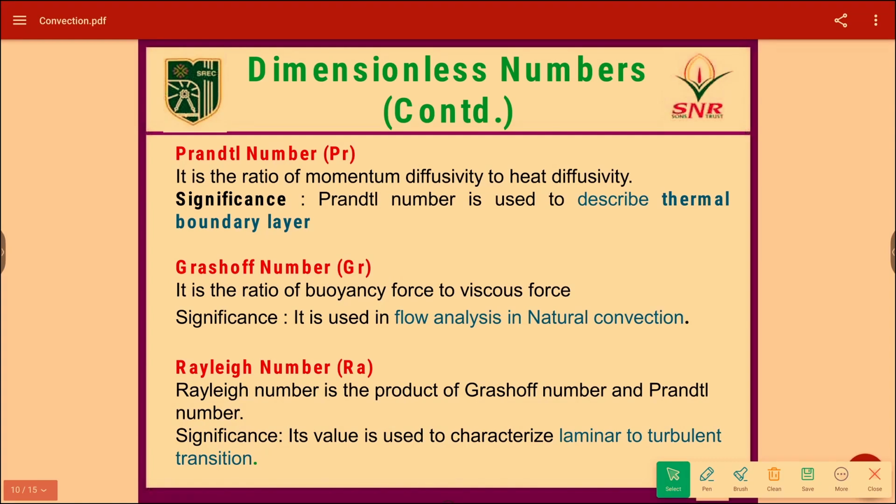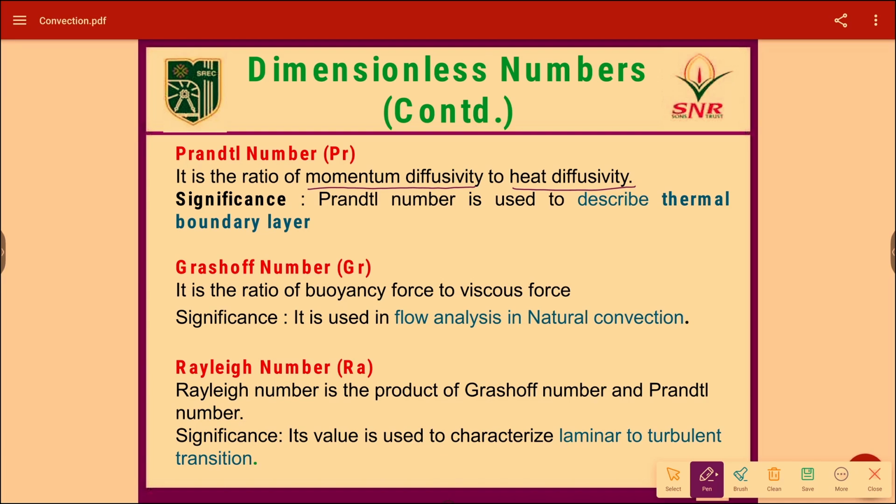The next number we are going to discuss is the Prandtl number, Pr. So what is the Prandtl number? It is the ratio of momentum diffusivity to thermal diffusivity. So it describes the thermal boundary layer. See, a boundary layer is nothing but a layer which develops on the surface. There are two types of boundary layers.